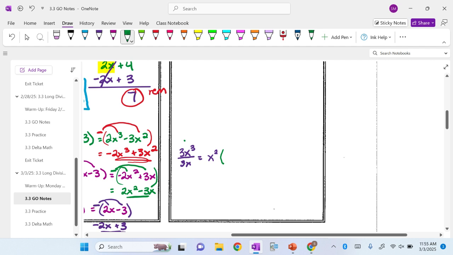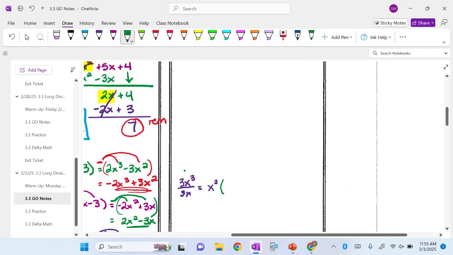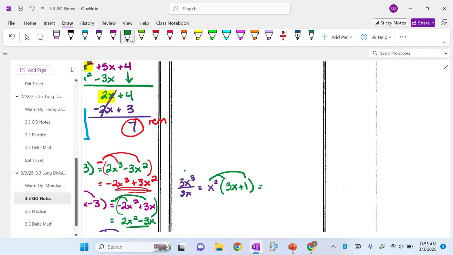So I'm going to multiply by my polynomial. So that's 3x plus 1. So what do I get when I multiply x squared by 3x plus 1? So 3x cubed plus what? Plus x squared. Good.